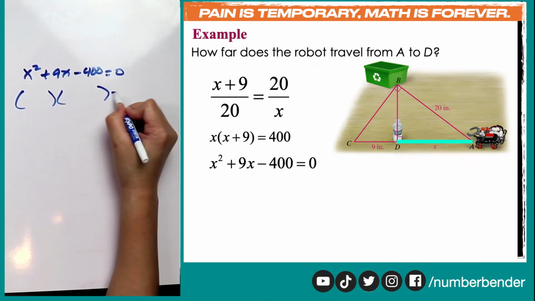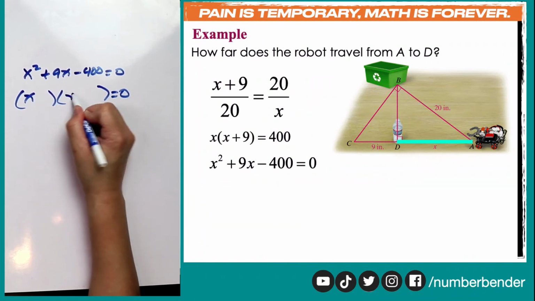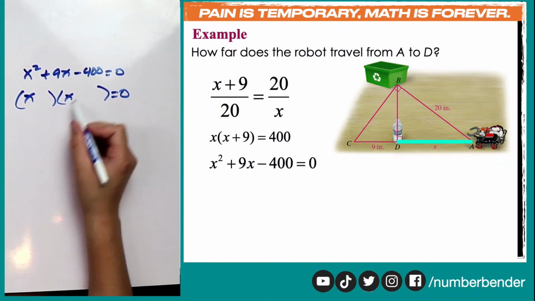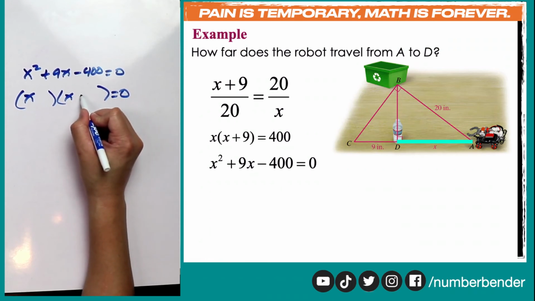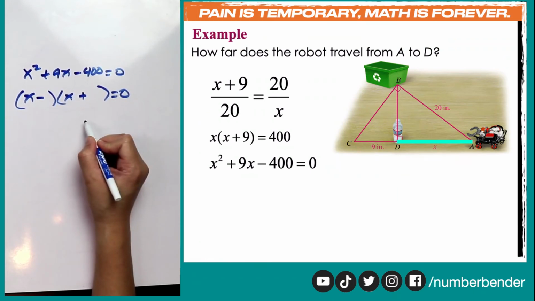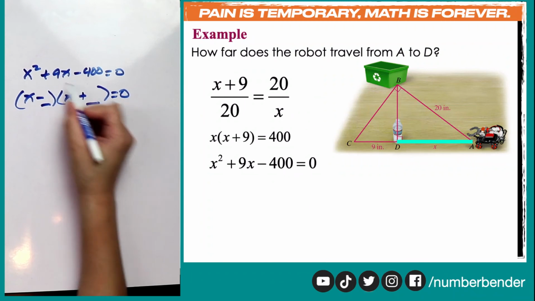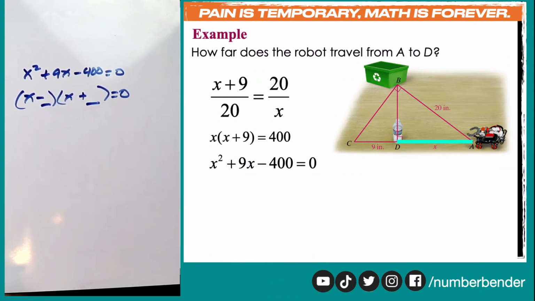Now we know that this is factorable because we're looking for the factors of a negative number. So when the factors have opposite signs, their product is negative, and when you add them up, it needs to equal 9. And if you have mastered your multiplication table, this will be a little easy.